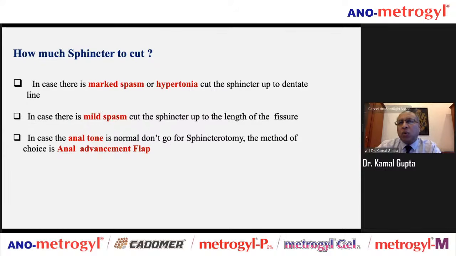But if you go through the practice parameters of the American Society, it is very clearly mentioned that irrespective of the length of the anal fissure, you should always cut the internal sphincter up to the dentate line. And in case the anal tone is normal, please do not go for sphincterotomy. The patient will end up with incontinence. So the choice of procedure in such cases remains the anal advancement flap.